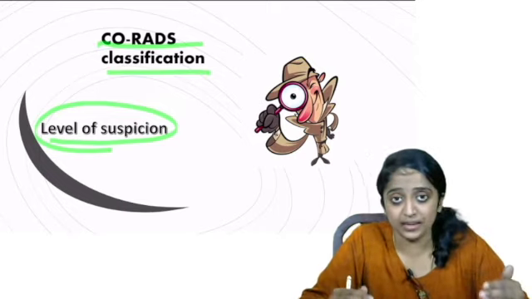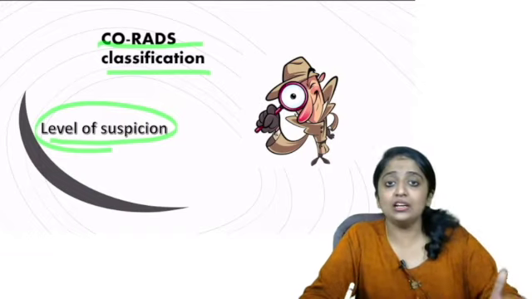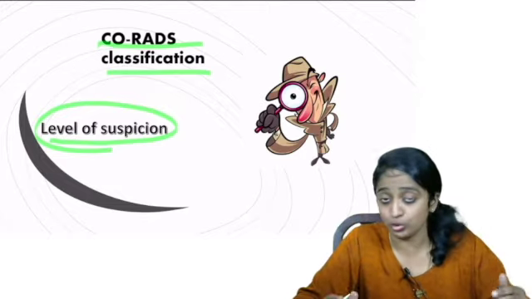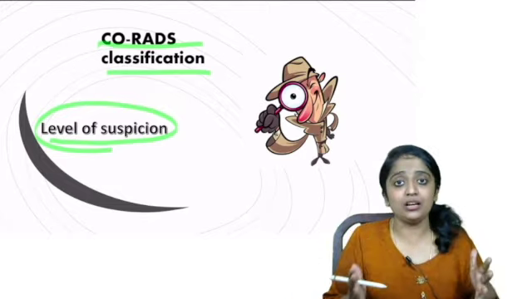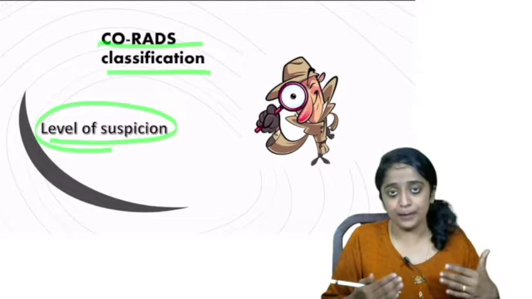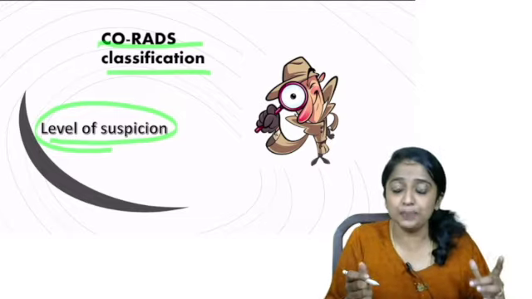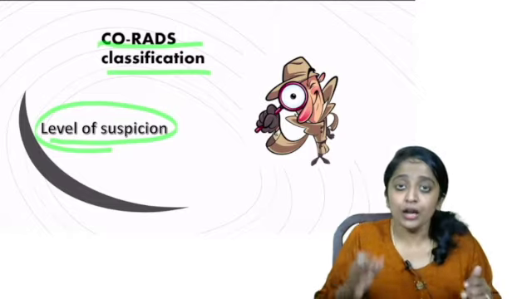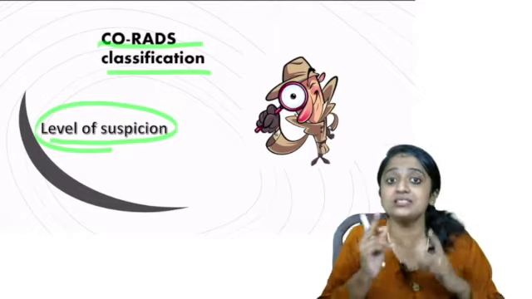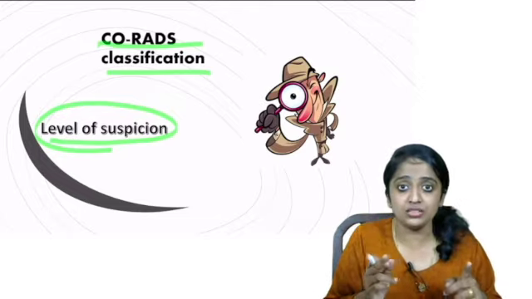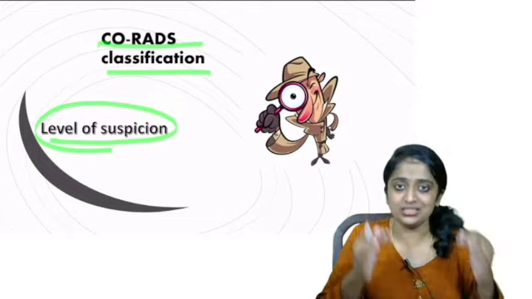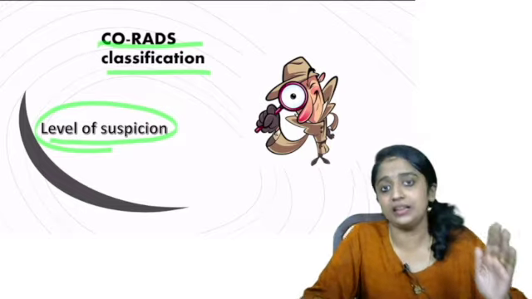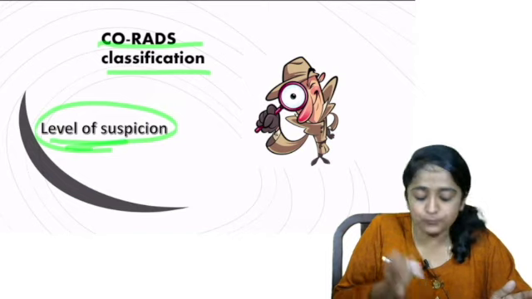This was devised by the Dutch radiologist and it was used in Netherlands in areas of high prevalence of COVID, those who were not positive. So it's just like the BI-RADS system for breast cancer, where you have 0 to 6, 6 being the biopsy proven. All other grades, 0 to 5, from the radiological imaging, you're giving a suspicion. Okay, it could be positive, it could be benign, it could be normal, just like that. Probably it is a COVID positive, very unlikely case like that. So it is a level of suspicion.